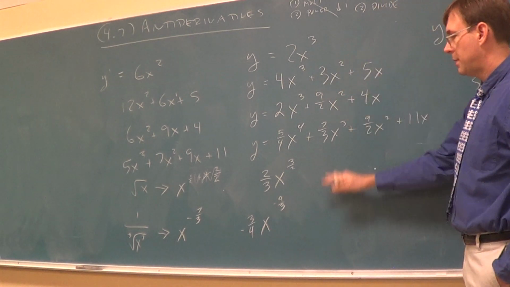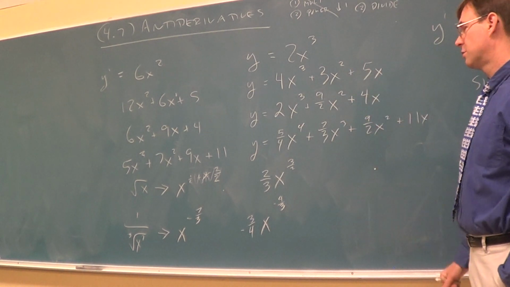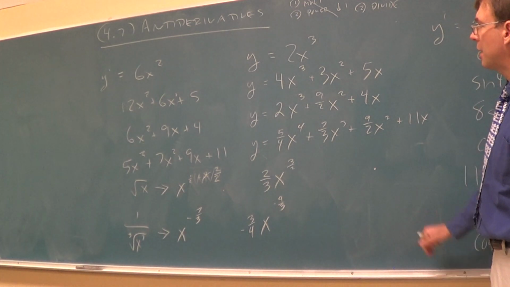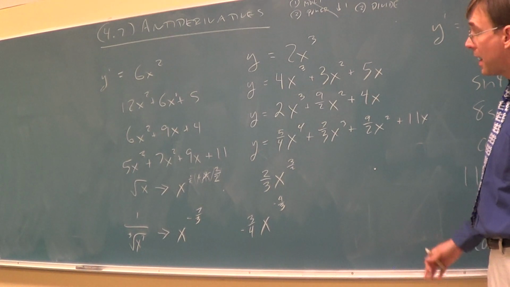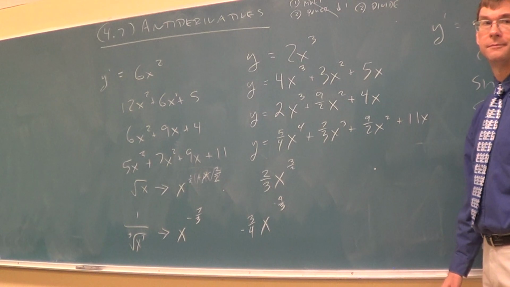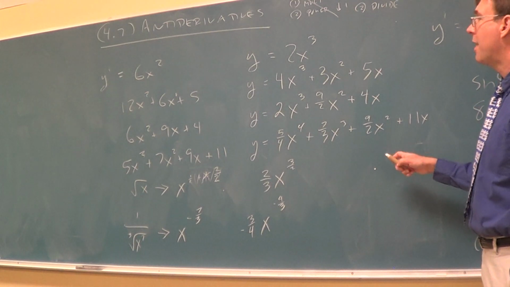Question about this. All of these answers are incomplete for the same reason. Anybody have a perception on why all of these answers are incomplete, potentially? They might be right, but they're probably incomplete. There could be another number.